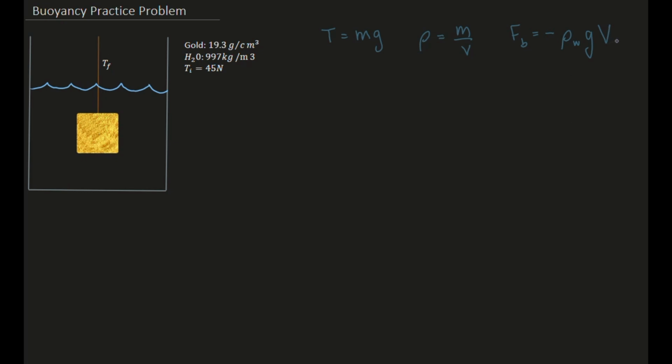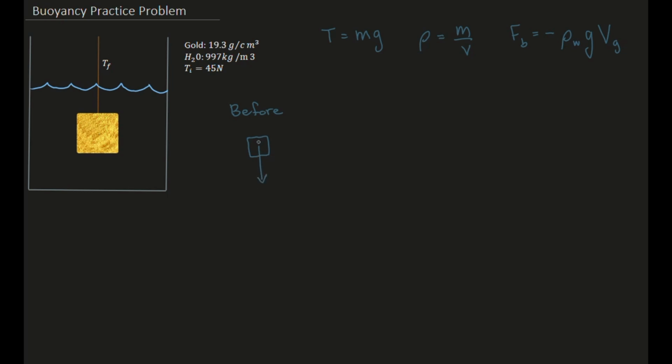We're going to be able to figure out what the tension is after it's submerged using these three equations. But before we do that, I want to show it using a force diagram to show what's going to happen after it gets submerged. Before it's submerged, a force diagram of this object is going to have just two forces acting on it.